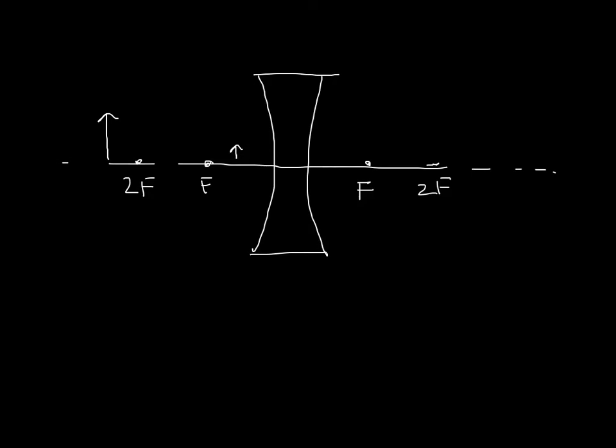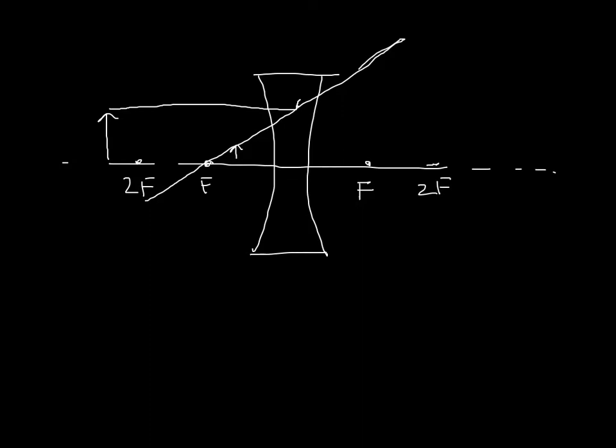So in this case, we go from the object parallel, and then the line that this ray follows as it leaves the lens goes through the focal point. So that means that it goes through right here.